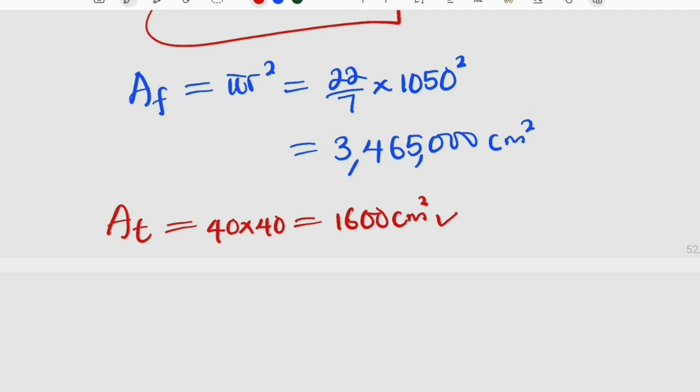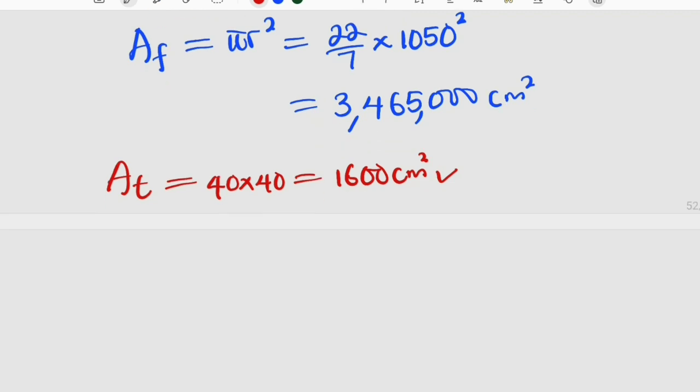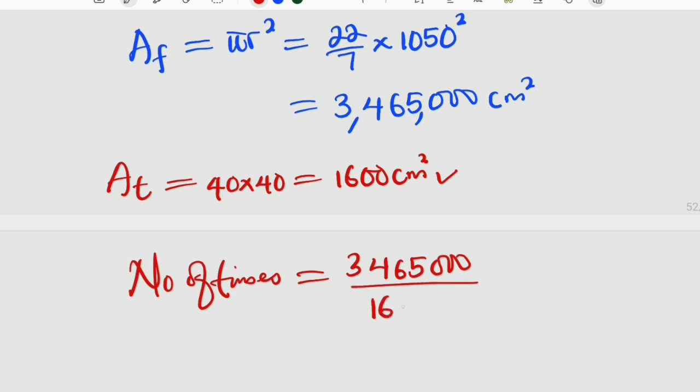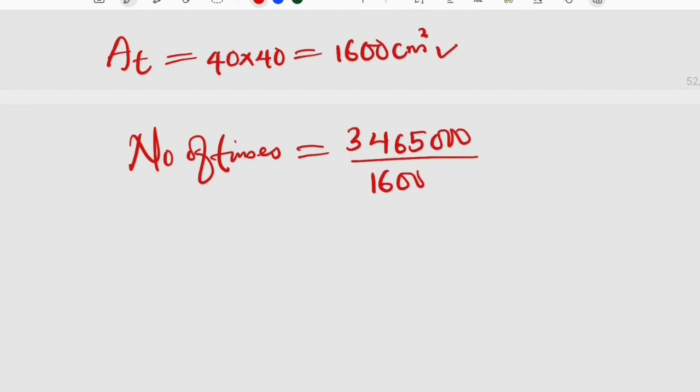To find the number of tiles required, we are going to take this and divide by this. So the number of tiles required will be equal to 3,465,000 divided by 1,600. And if you divide, you're going to get 2,165.625. That is the number of tiles.